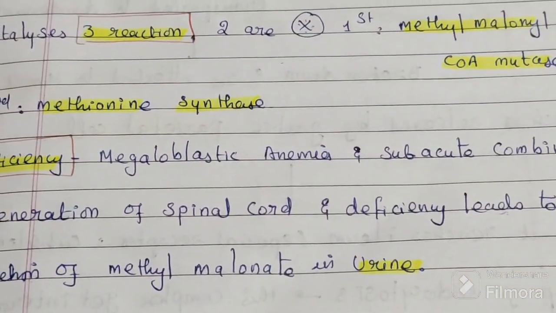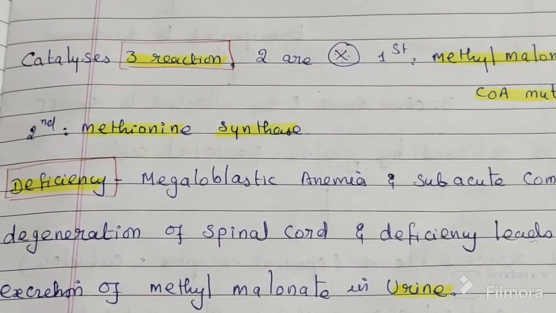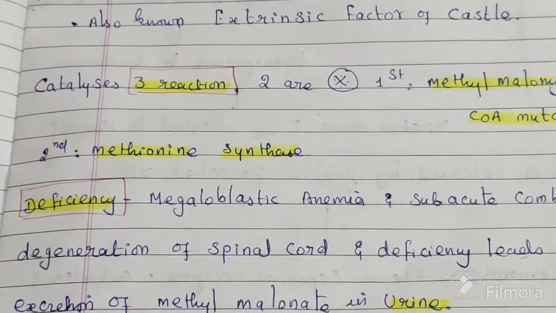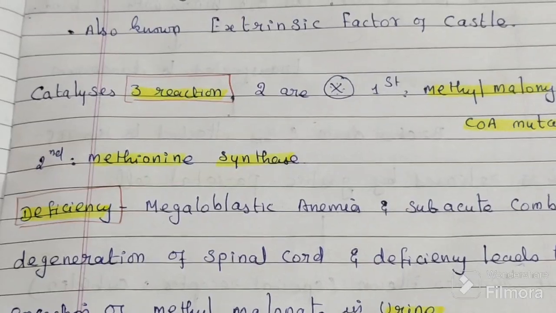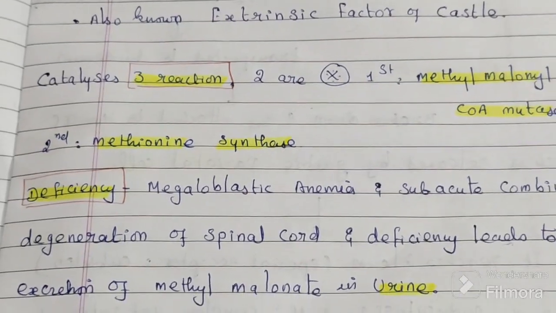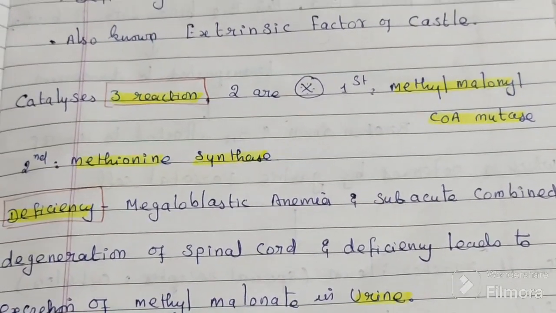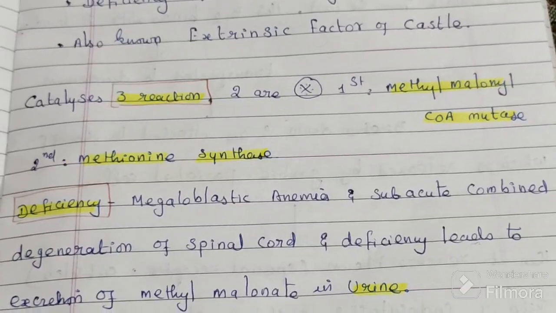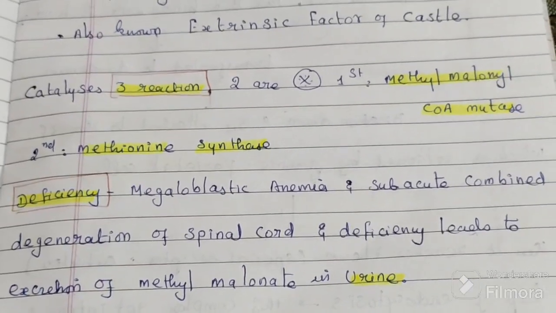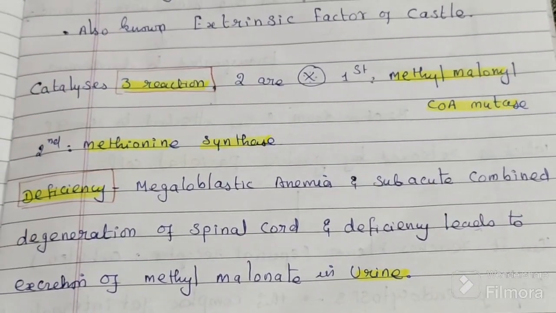Deficiency leads to megaloblastic anemia and subacute combined degeneration of the spinal cord, and deficiency leads to excretion of methylmalonate in the urine, known as methylmalonic aciduria.